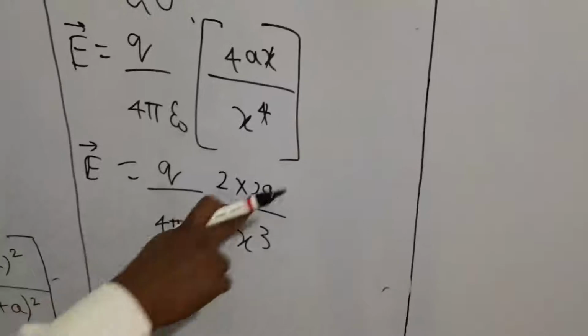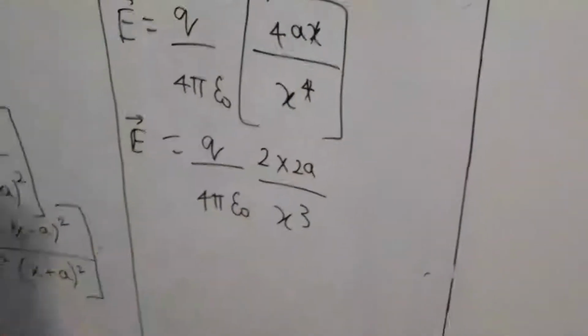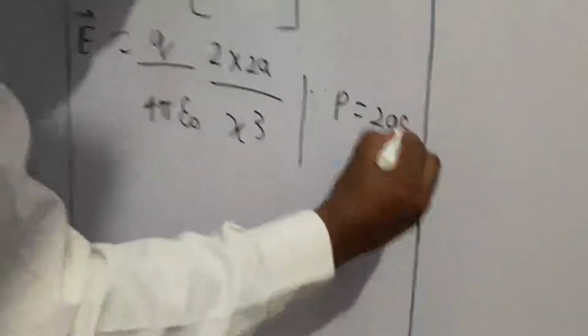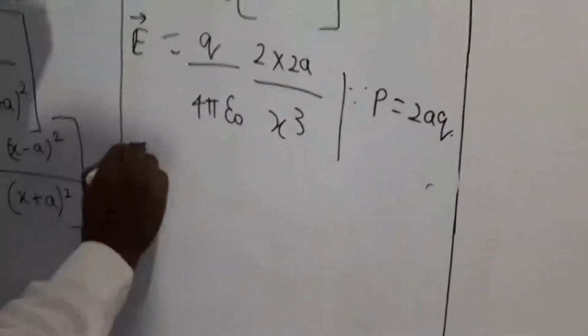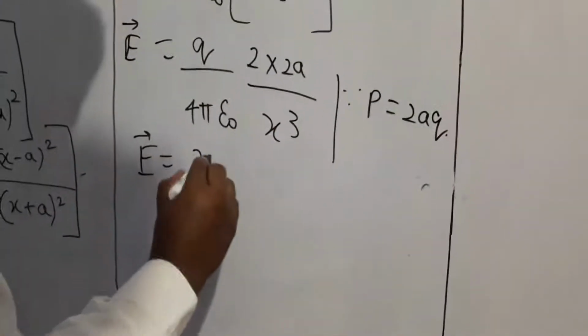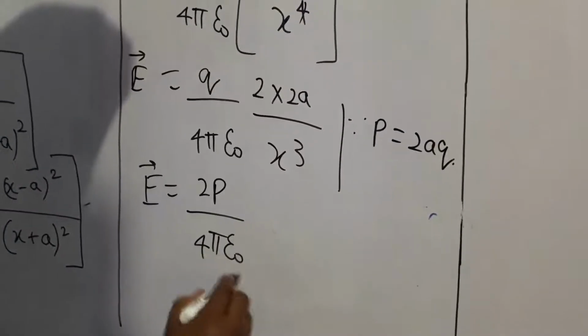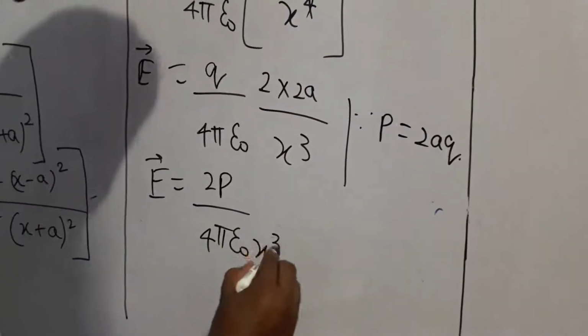Why? Because 2aq, you know, is the dipole moment. Since p is equal to 2aq, you substitute: E is equal to 2p by 4 pi epsilon naught x cube.